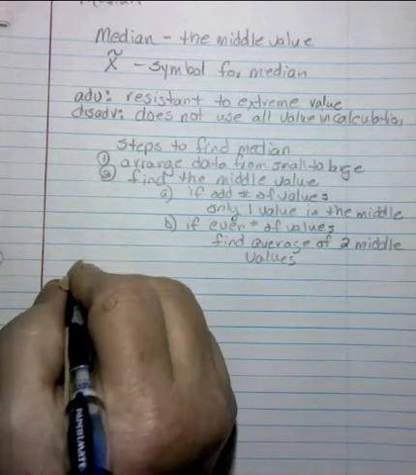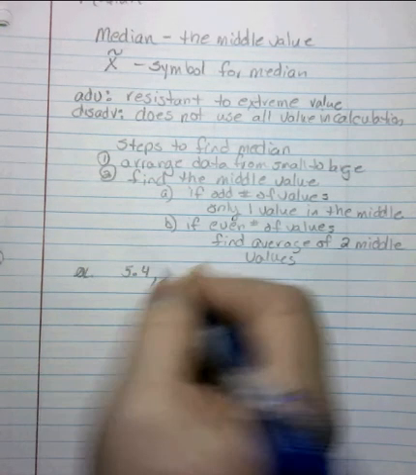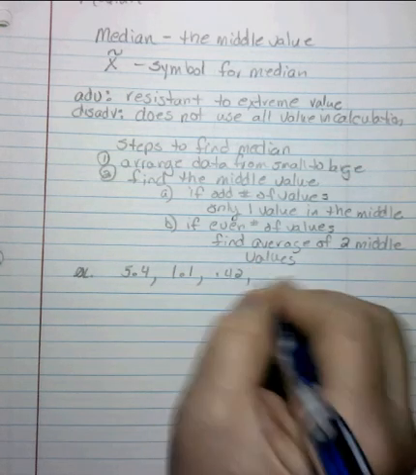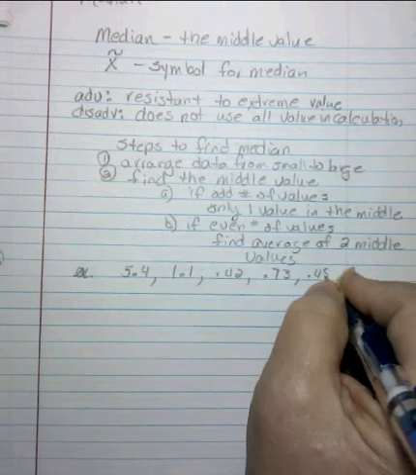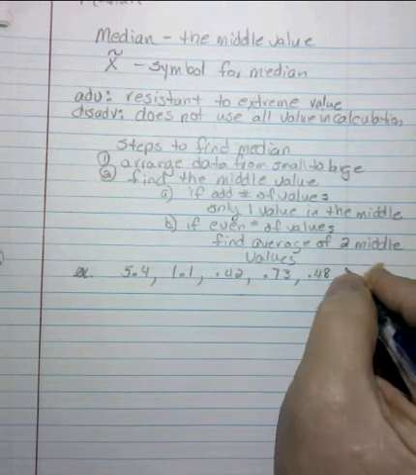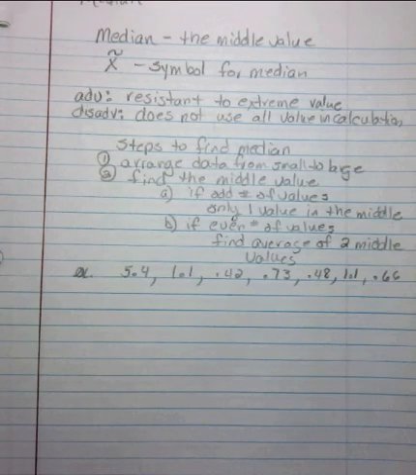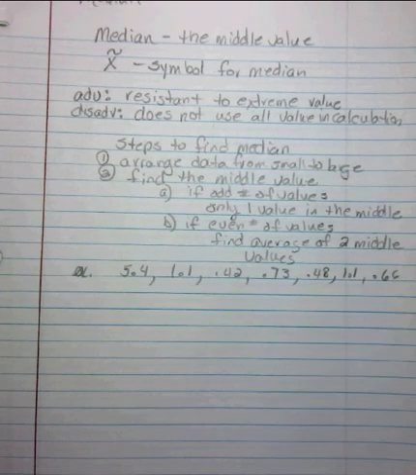So let's look at an example. We have 5.4, 1.1, 0.42, 0.73, 0.48, 1.1, and 0.66. Following our steps, the first thing we do is arrange the data items in order from smallest to largest.